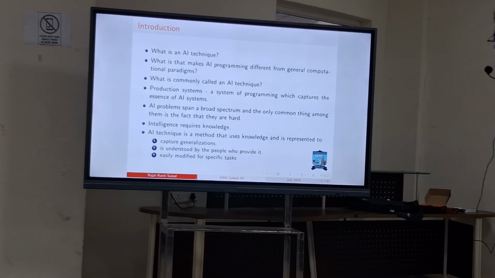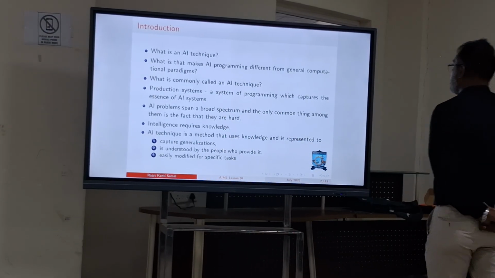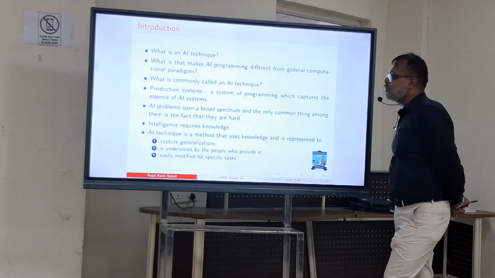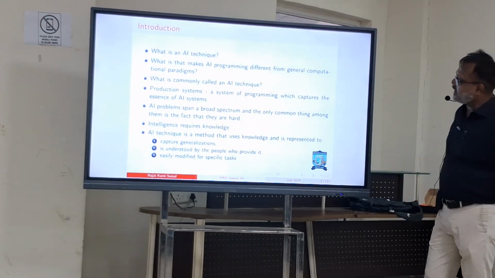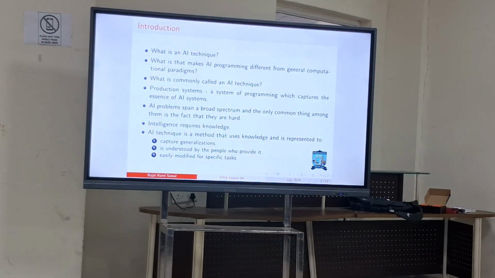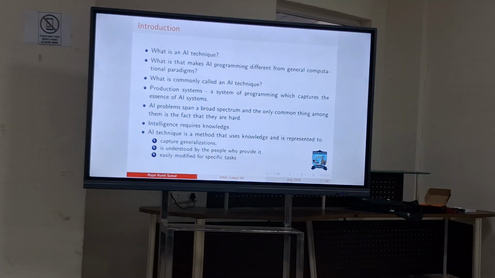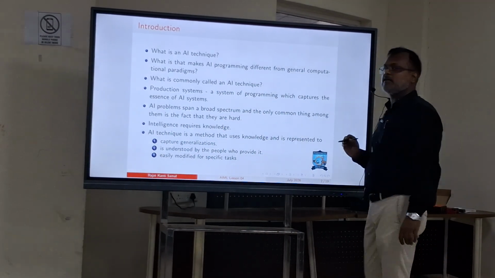So where does this search method stand under AI techniques? What is an AI technique? What makes AI programming different from general computational paradigms? When I say general computational paradigms, the problem that I have given you, as you have read in your third semester, what is the name of the topic?